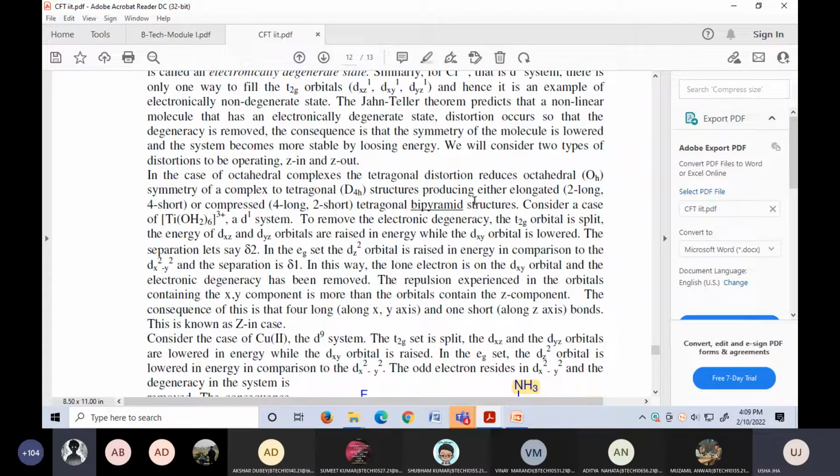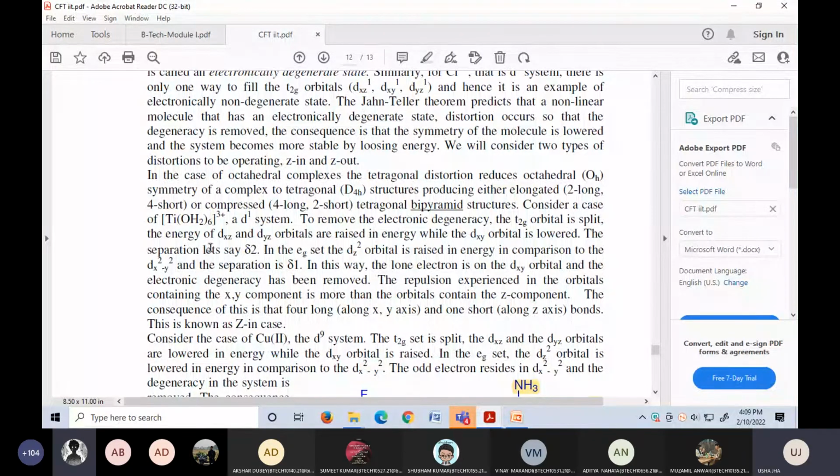So both types of tetragonal bipyramidal distortion can take place, and that depends upon which of the orbitals the electrons reside in, whether it is in the xy or in the z-axis.